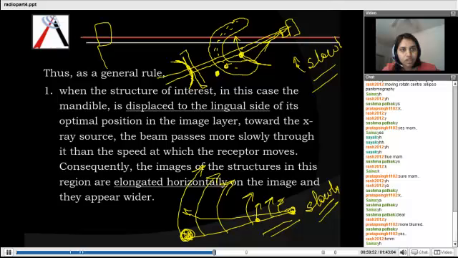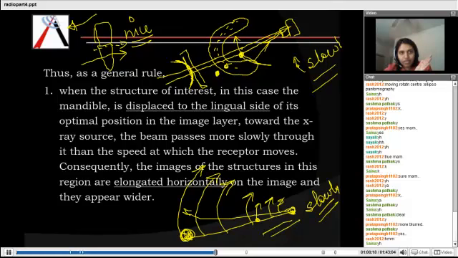Now this is our object. If the X-ray passes with the same speed as that of the image receptor, we get a nice, correct size image. But now imagine the X-ray is going slowly through it, and at the back your image receptor has moved fast.